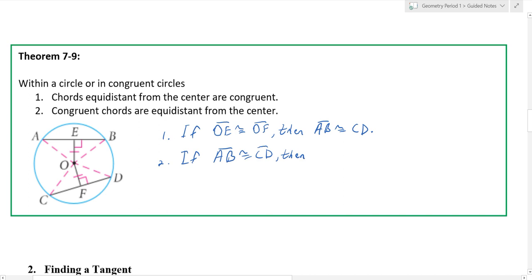So that would mean that OE will be congruent to OF. That's what this theorem actually states, applying it to the diagram over here on the left. All right, let's take a look at some examples.